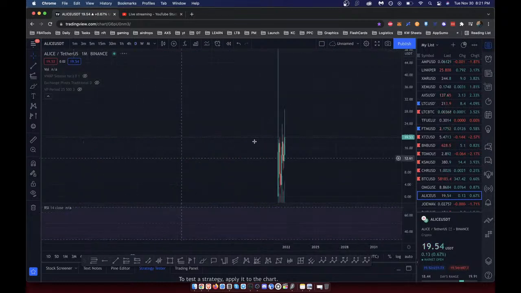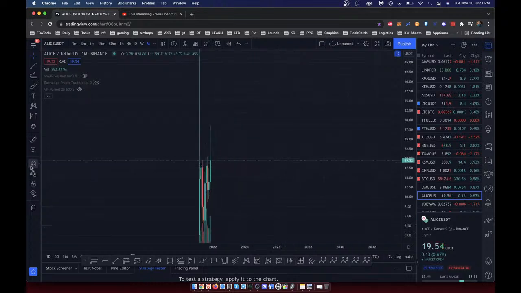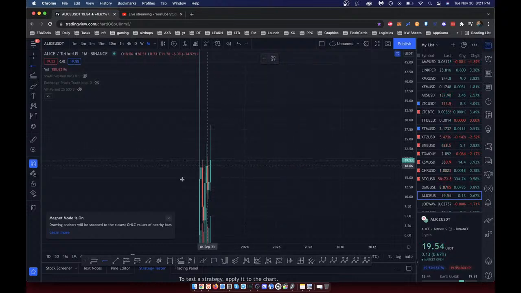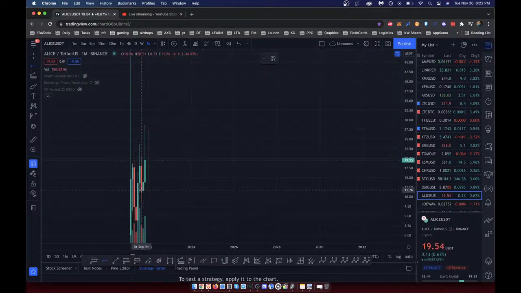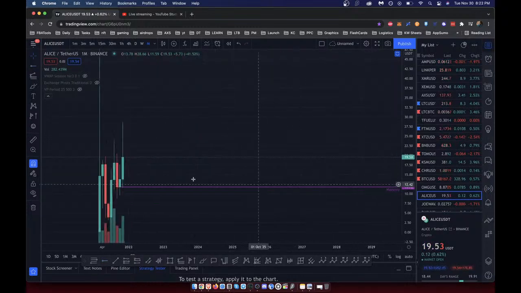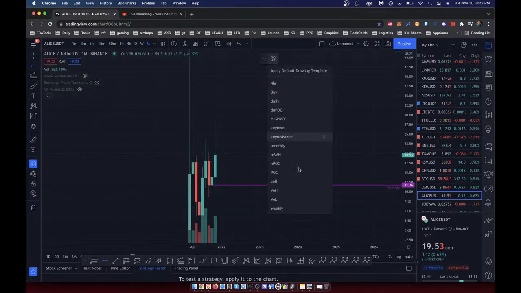All right, as always, I start with monthly levels. I like to use this magnet tool just because it helps with clipping the exact place. All right.